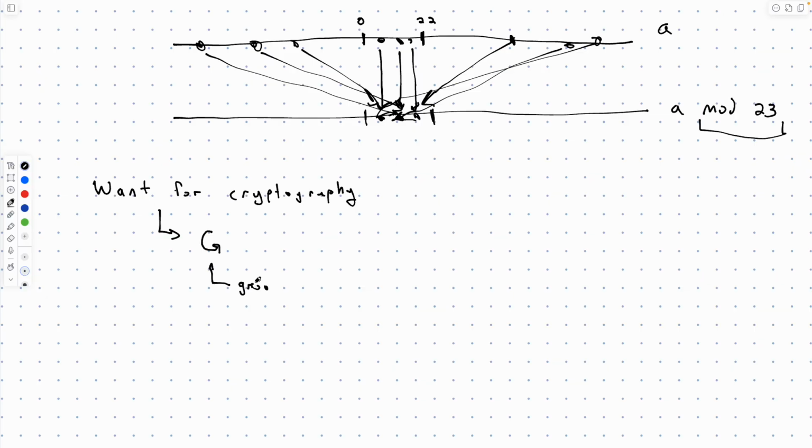I'll define it in a second. For now, just think of it as a set of integers. So it's a subset of integers. So I don't want to use all the integers. I just want a subset of them. Okay? And I want to have Q of them where Q is a prime number. So a group of Q integers.